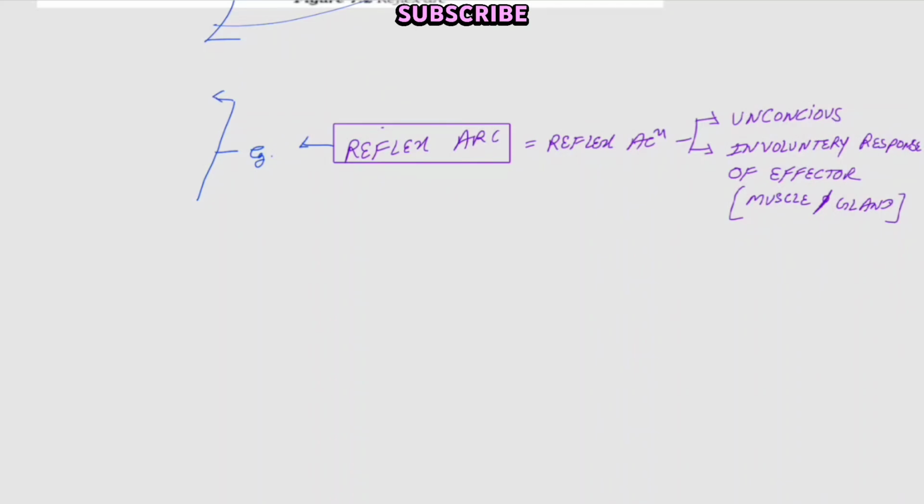Examples of reflex you face in daily life: like a strong light, your eyes close, or closing of the eye in strong light. That is a reflex action. Unconscious, involuntary.